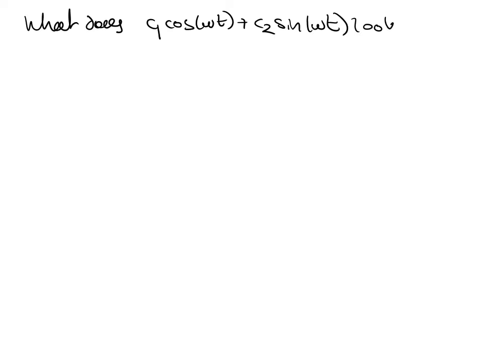So what does c1 cosine omega t plus c2 sine omega t look like? Here there's a general easy trick. C1 and C2 are some arbitrary real numbers. So I can make a little right triangle with side lengths C1 and C2.